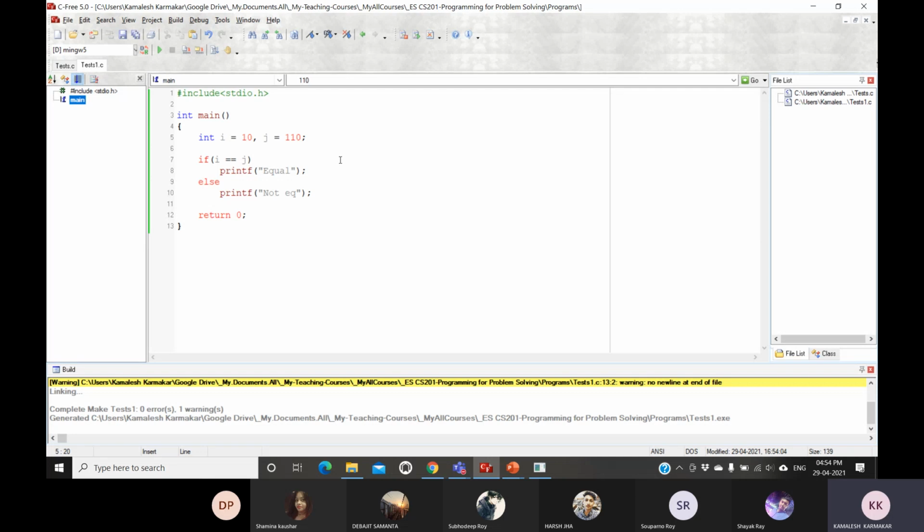Now, I want to print some value. Say I write the value i, and if I write if i, what will be the output? It should be high.